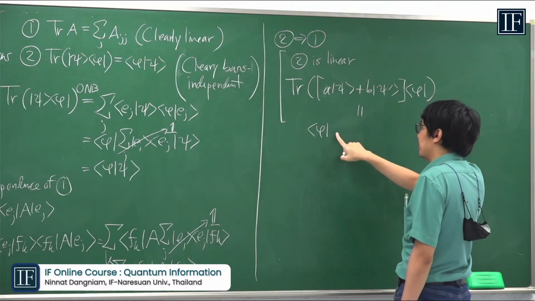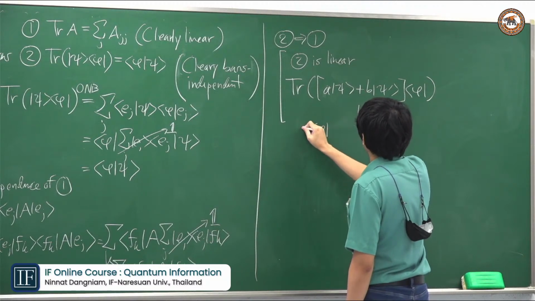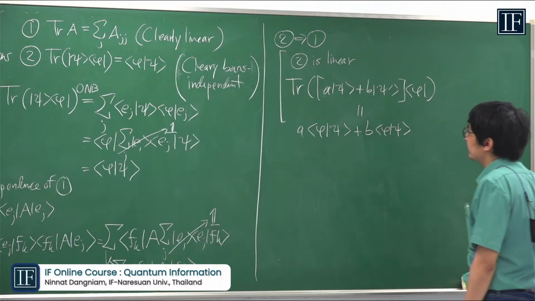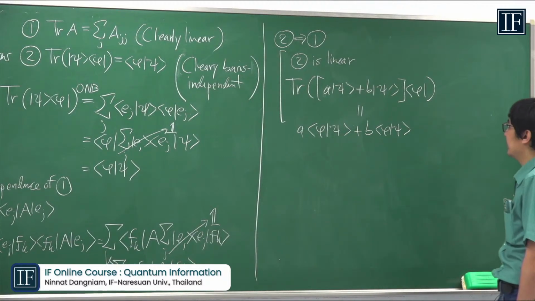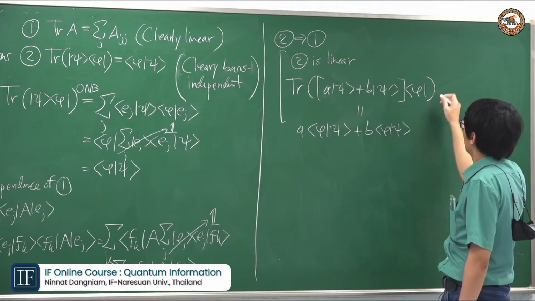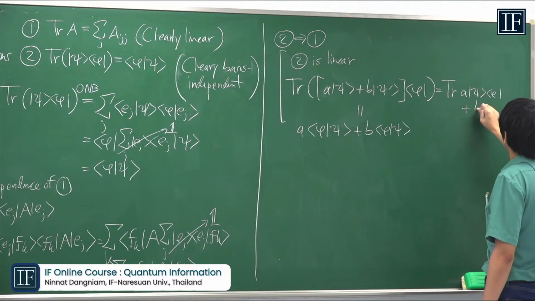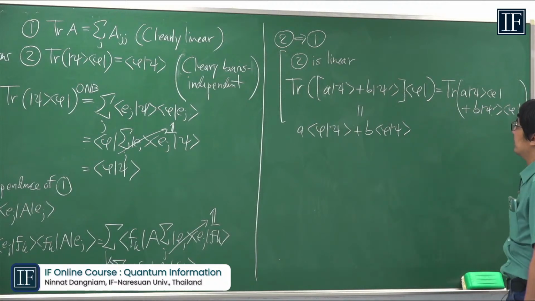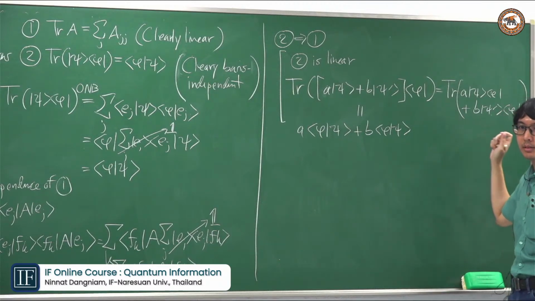Which then, if I use the linearity of the inner product, it would just be, when I split it like this, this would force the trace function in this definition to be linear as well.